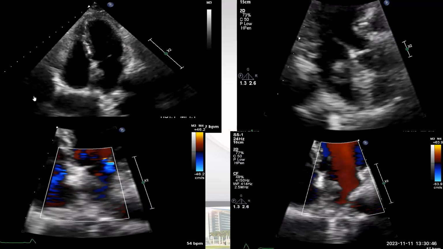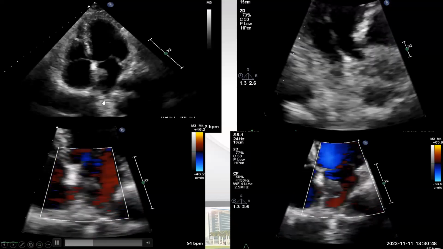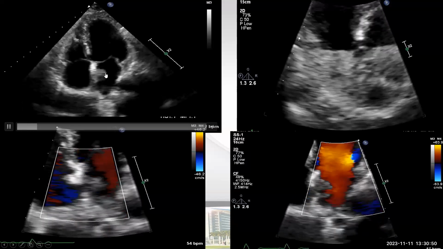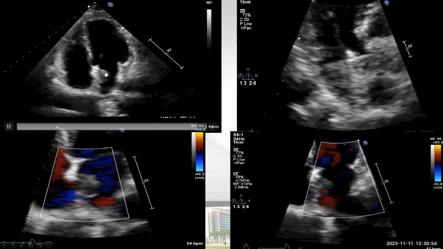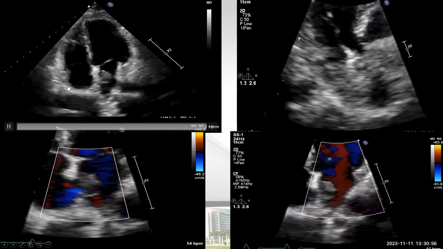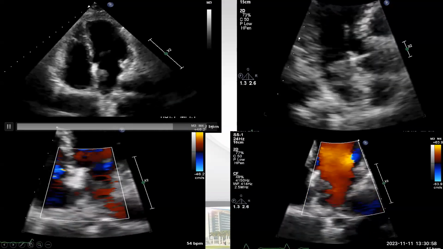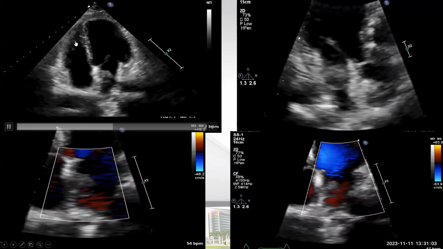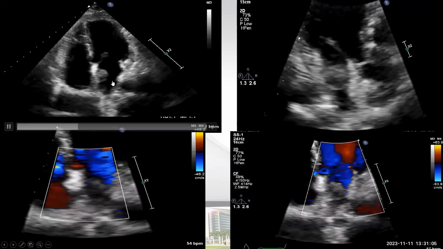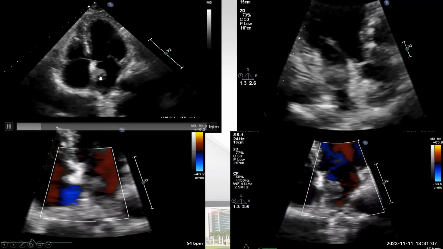So the most important finding here is what? A mass in the left atrium attached to the septum. It could be any tumor, benign or malignant. It could be thrombus, and it could be vegetation. So the most likely cause here is left atrial myxoma.